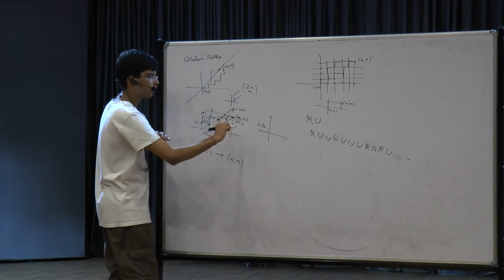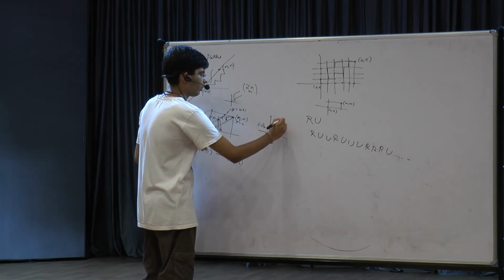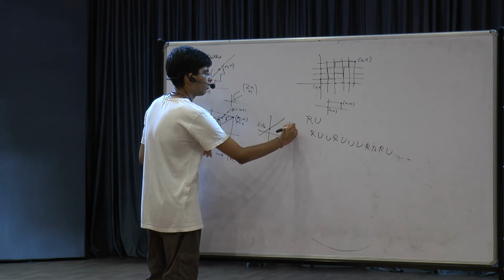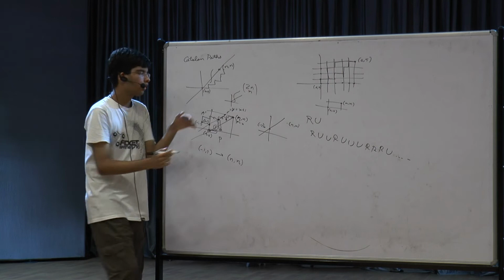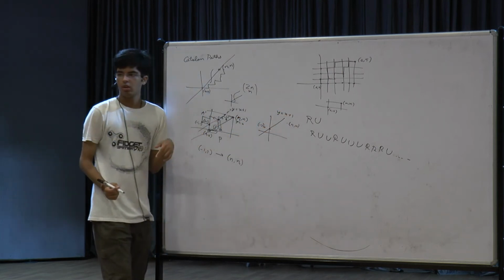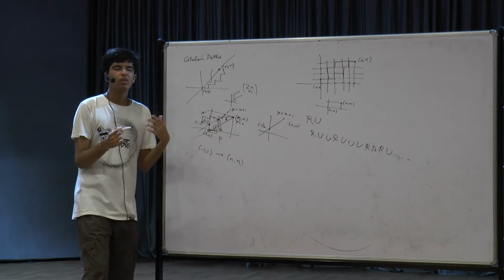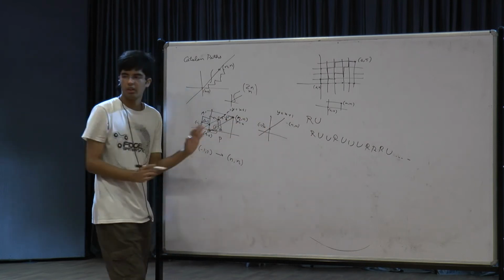So we start with minus 1, 1, and you look at this line. The idea is that minus 1, 1 and n, n are on different sides of the line y equals x plus 1. So any path that goes from minus 1, 1 to n, n, this requires some argument, but intuitively it's obvious that it'll have to cross this line.